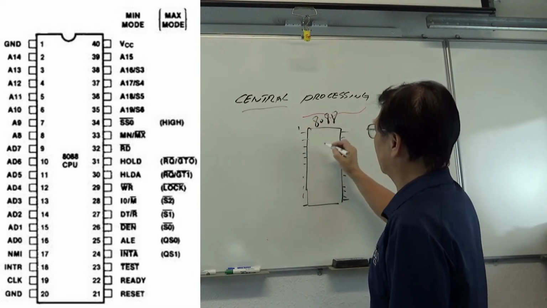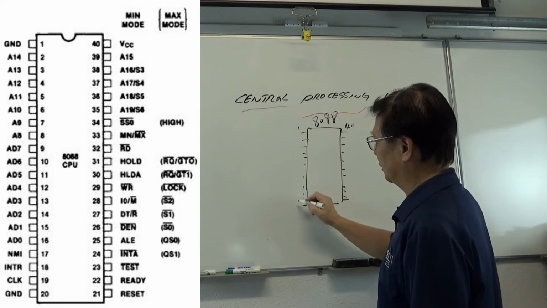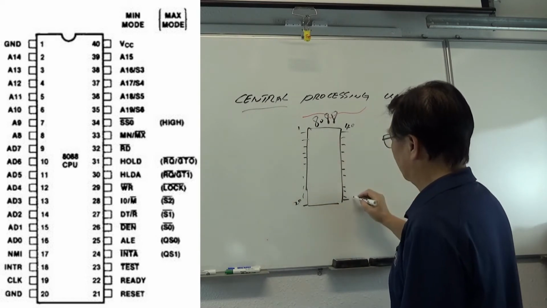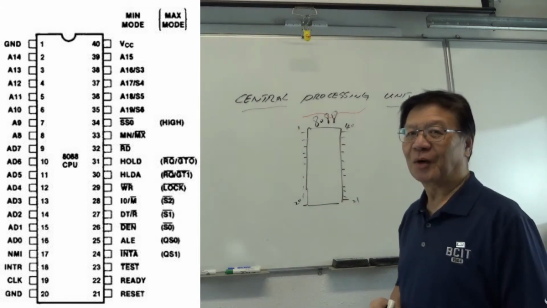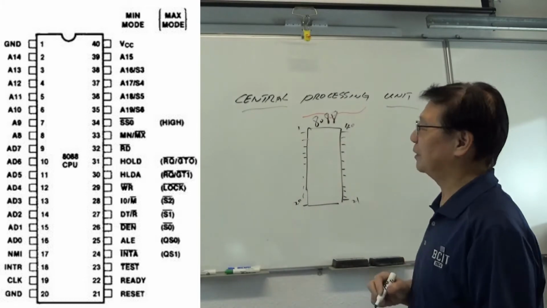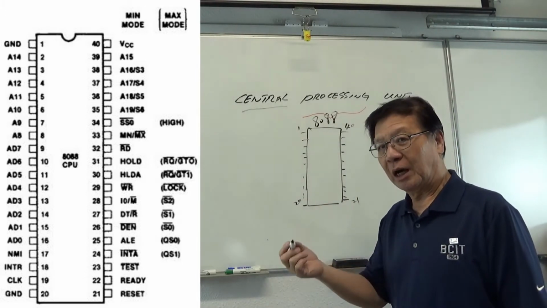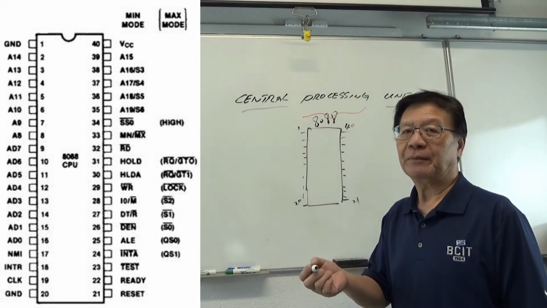That's pin 1, that's pin 40, all the way down to 20. And here's from 21. So all those pins will have to be assigned to something.